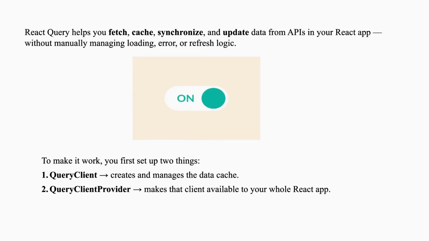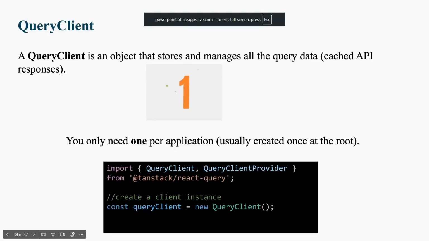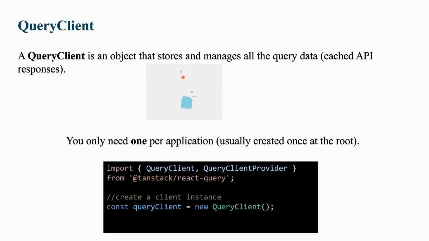Now, let's take a look at the Query Client and Query Client Provider. These are two core parts of React Query that help us connect everything together. So, Query Client. A query client is an object that stores and manages all the query data.